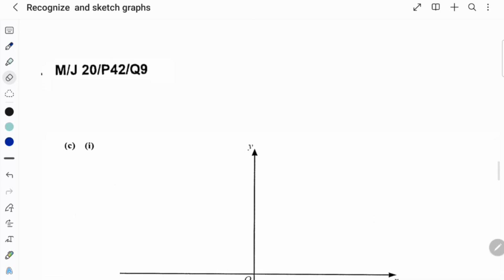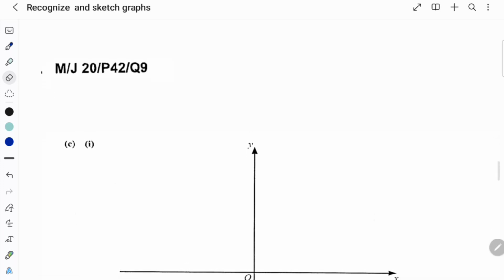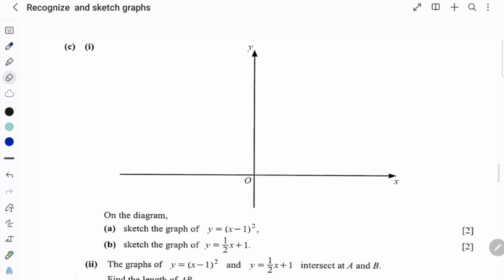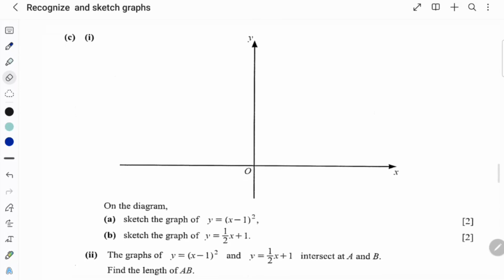Now 0580 May June 2020 paper 4-2, and here we'll have to sketch the diagrams. y is equal to x minus 1 whole squared and y is equal to half x plus 1. x minus 1 whole squared means a quadratic, which will have a repeated root at 1, so you can sketch it.